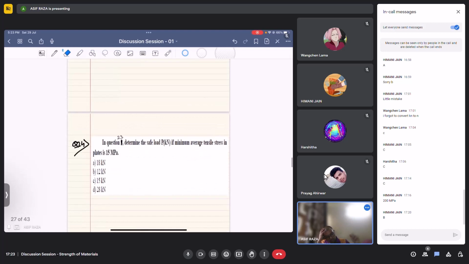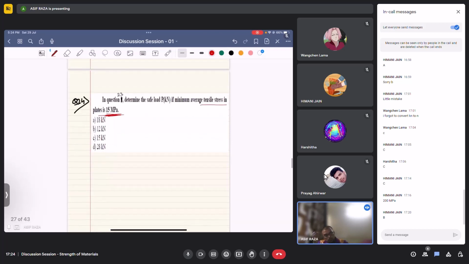Next question asks, in the above question, determine the safe load if minimum average tensile stress in plate is 15 megapascal. So this is tensile stress. So kind of tearing of the plate will happen because of this, right? So for this, the net cross section along the width of the plate comes into effect.